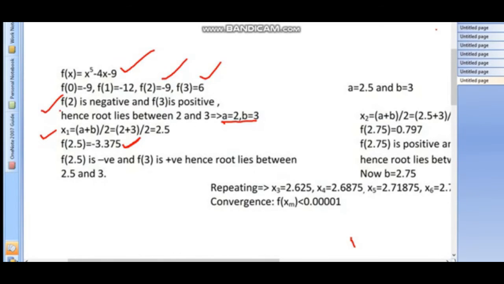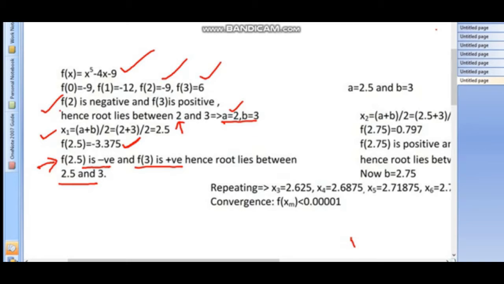Now since f of 2.5 is negative and f of 3 is positive, hence the root lies between 2.5 and 3, because initially we assumed the negative value at x equal to 2, and took a equal to 2 as one of the boundary points of the interval.